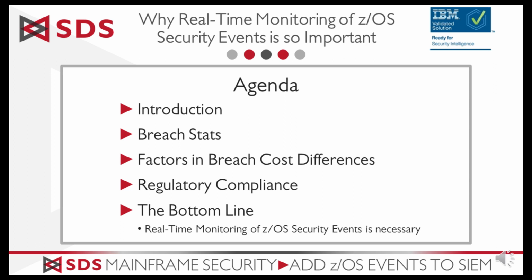They provide a central repository for all of the logs from every system, device, and application in your enterprise, and then use sophisticated correlation engines and machine learning to look for and alert on anomalies or anomalous behavior that may require action to be taken. This bad behavior could originate anywhere in the environment, and that includes the mainframe, but we find that the mainframe has more often than not been excluded from this quote-unquote enterprise strategy.